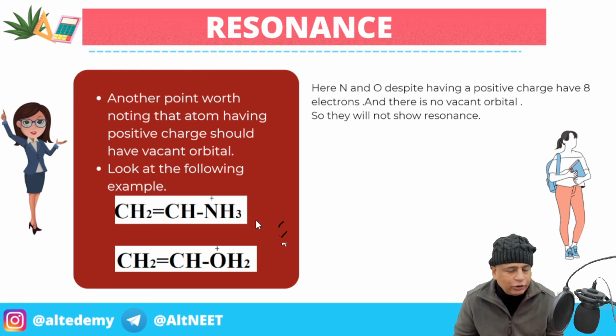There should be a vacant orbital. Look here with NH3 and with OH2, despite having a positive charge, their octet is completed, they do not have any vacant orbital. Here N and O, despite having a positive charge, have 8 electrons and there is no vacant orbital. So they will not show resonance. These two compounds will not show resonance.